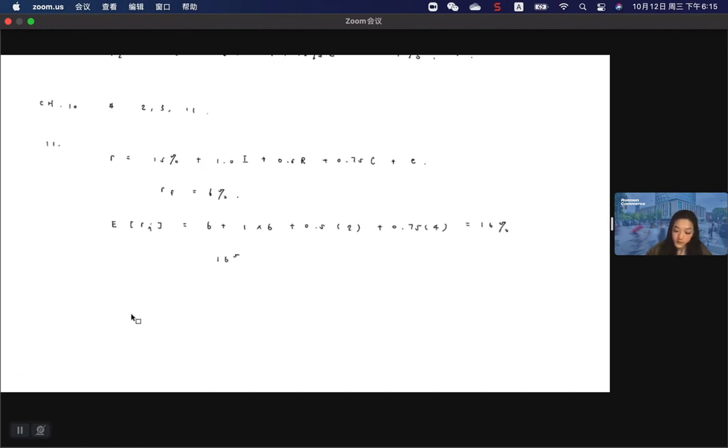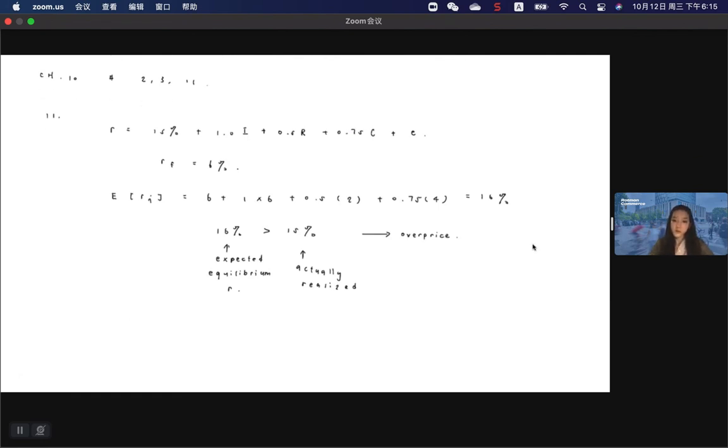And because 16% is greater than 15%, this is the expected equilibrium return, and this is the actually realized return. Therefore, expected is greater than actual, and it is overpriced. So if you're in the market, you want to sell this security, whatever it is.